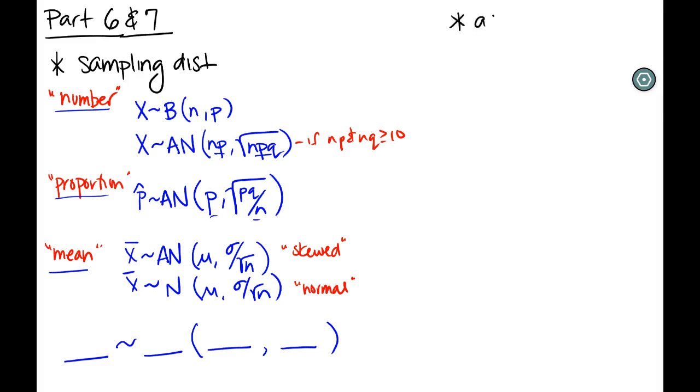Like before, we also still have our assumptions. When we're dealing with a single variable, those assumptions were SRS, independence, and less than 10% of the population. And then our rule of thumb.